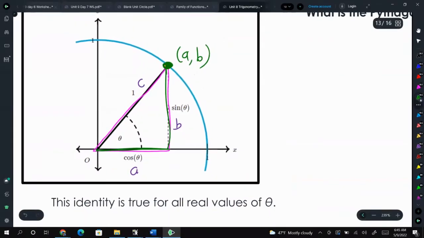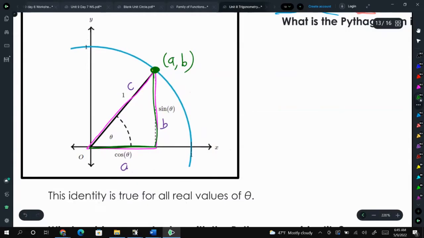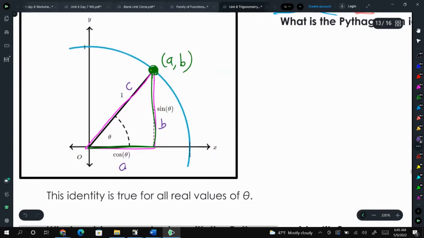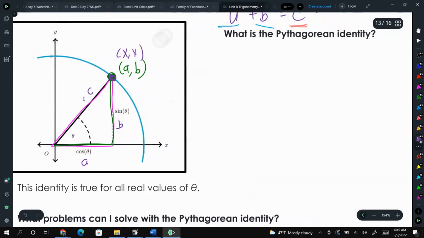But in a coordinate plane, instead of saying a and b, we know that this is the x and y coordinate of that point. So x, comma, y. So over here we can say x squared plus y squared equals c squared. In this particular problem, our c is 1. So x squared plus y squared equals 1.